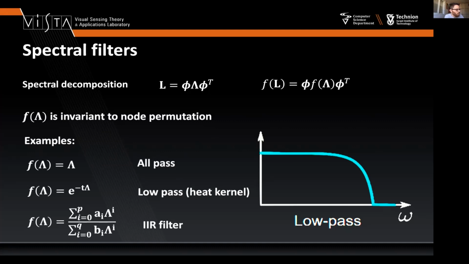This is what we call all-pass, which does nothing; it's just a standard eigendecomposition of the Laplacian. But you can do other things like apply a low-pass filter. Here I wrote the heat kernel, e to the minus t lambda, which arises from the solution of the heat equation. You can apply different low-pass filters, or a different filter like some IIR filter, where the coefficients A and B can maybe be learned by some learning scheme.